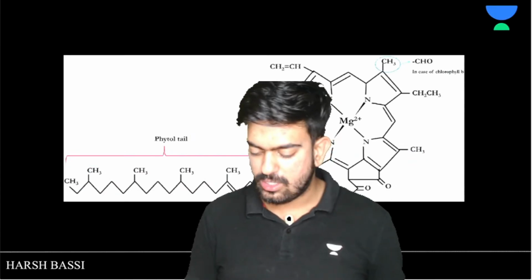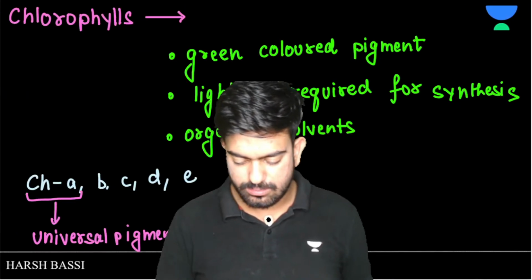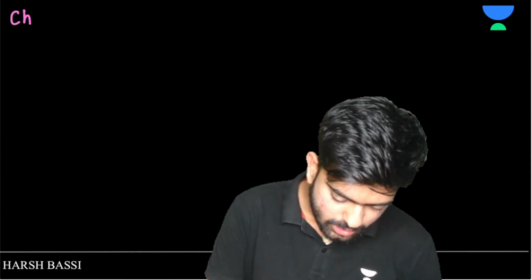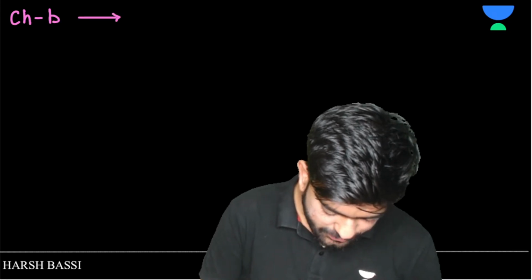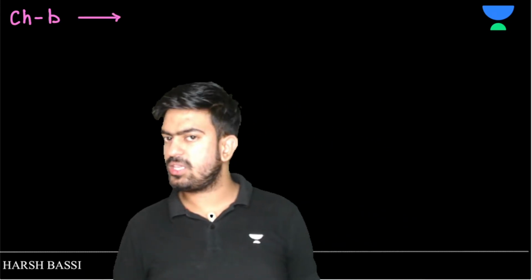Now let's move on. We will come to this particular thing, but before that, let's talk about some other pigment, which is chlorophyll B. Chlorophyll B is an accessory photosynthetic pigment.